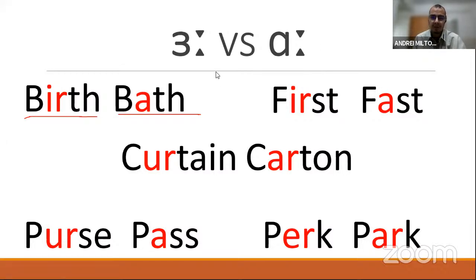Very good. You need to distinguish these two very well. Sometimes you are pronouncing them as the same thing. It's not curtain, it's not purse or perk. It's purse and perk. Okay, very good.